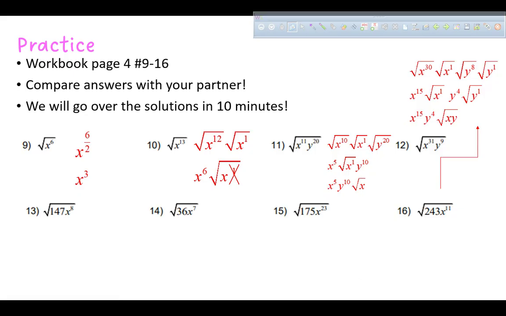So 30 and 1, 8 and 1, and then reordered the answer. For 13, I had to do the 147 differently than I did the 8. So I had to do 147 divided by x and look for my perfect squares. And for the 8, I just had to divide by 2 and drop the root. And then I reordered my final answer.